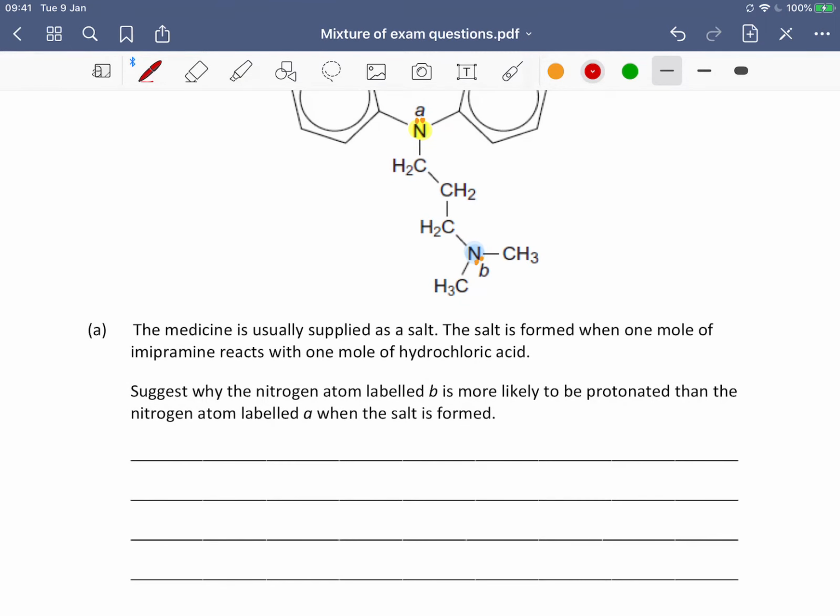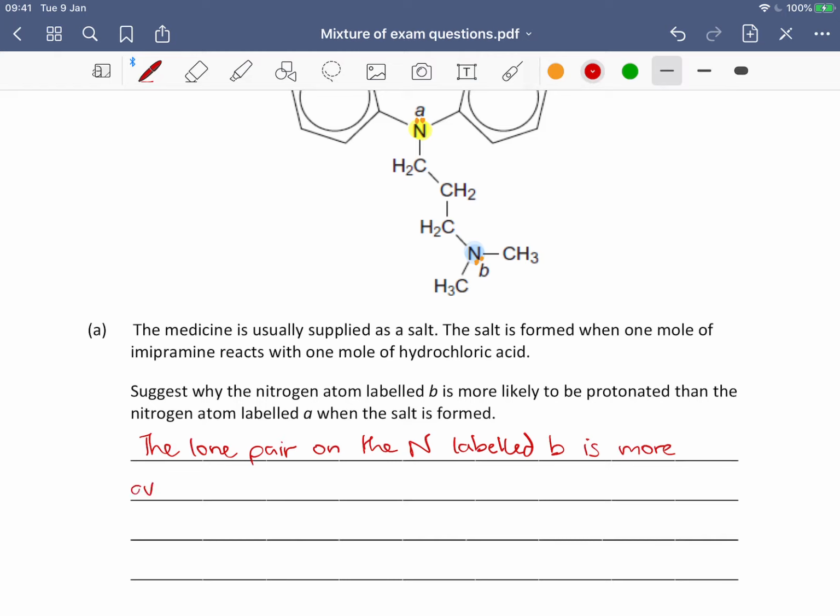The question, by telling us that one is more likely to be protonated than the other, is telling us that the lone pair on the nitrogen labelled B is more available. It's a conclusion from the fact it's more likely to be protonated.